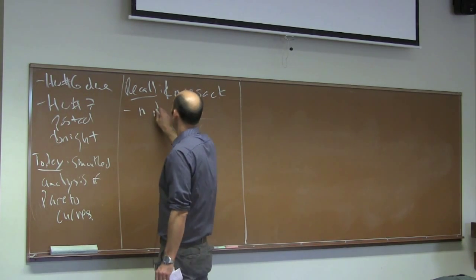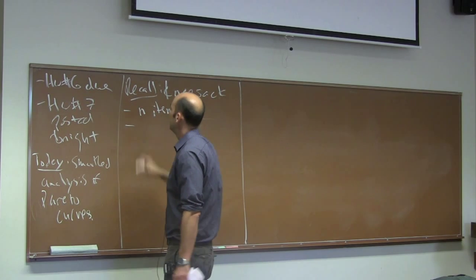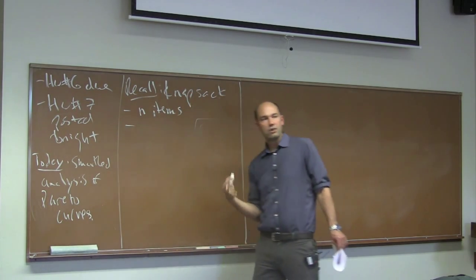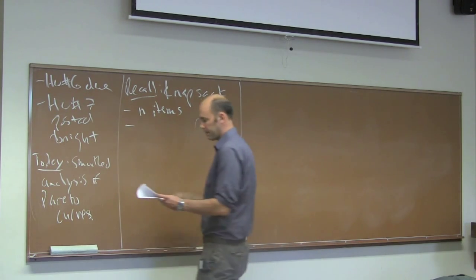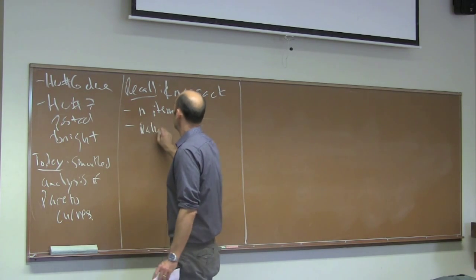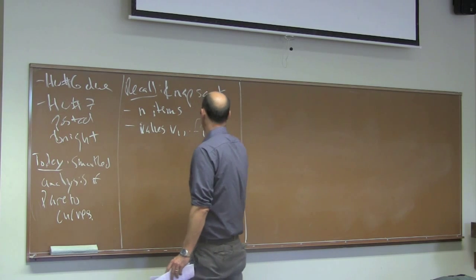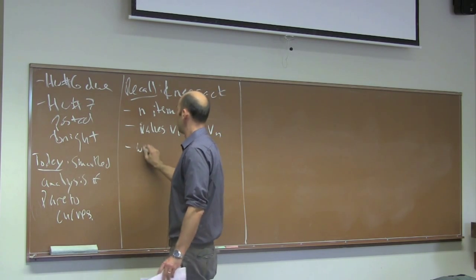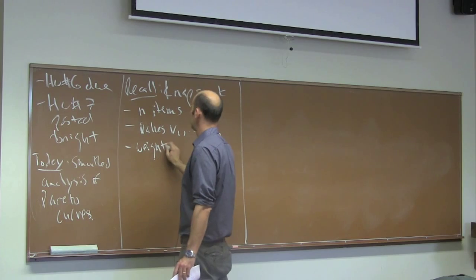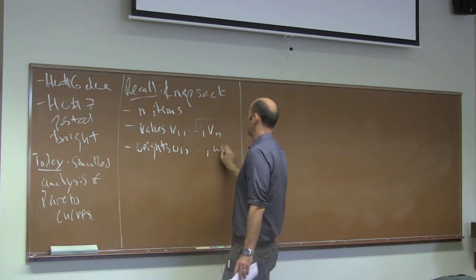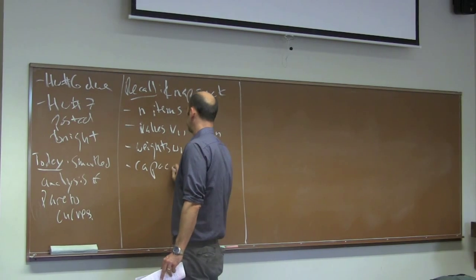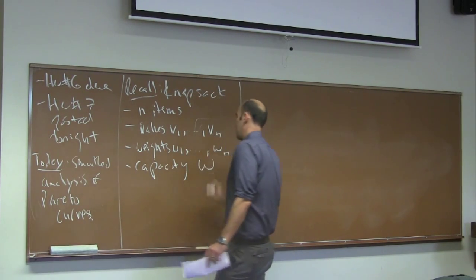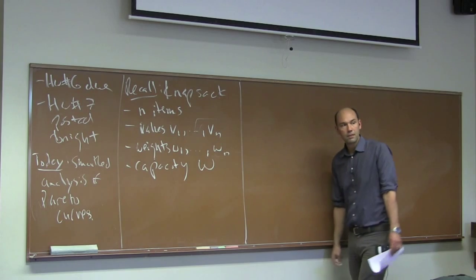So the input consists of n items, each of which has two positive parameters, a value and a weight, or a size. Okay? So there's values, v1 up to vn, and I'm going to call them weights. They're often called sizes. And then finally, there's a knapsack capacity, capital W. Okay?